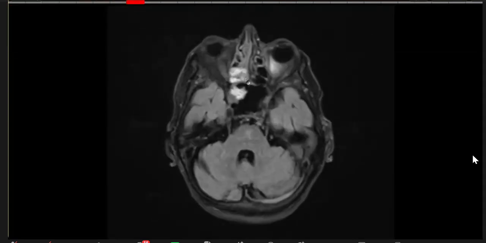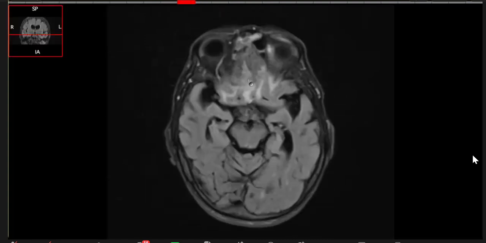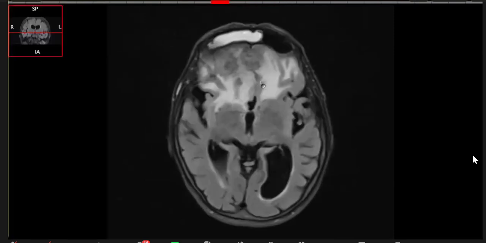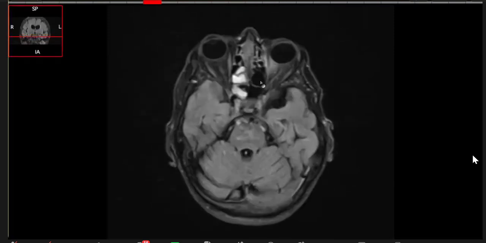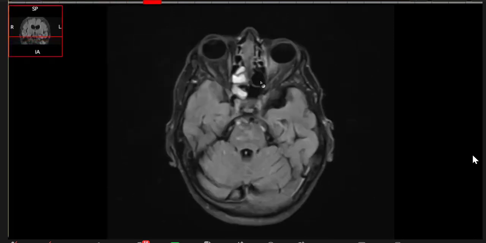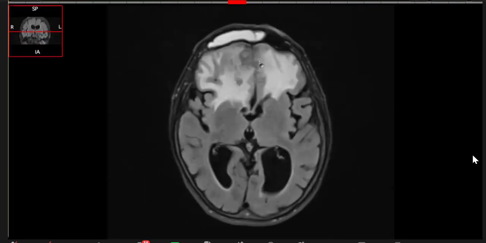One point is that in your exam, when you think of what you do in your day-to-day practice, you will never make a diagnosis just on the basis of a non-enhanced scan, which is on a FLAIR. You will always do a contrast, ask for it. So this is the lesion.